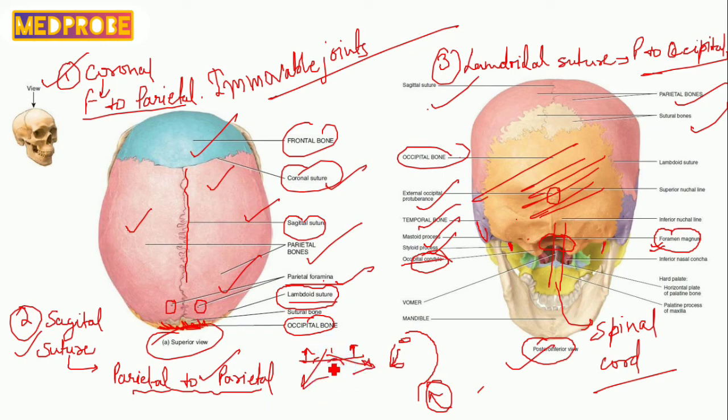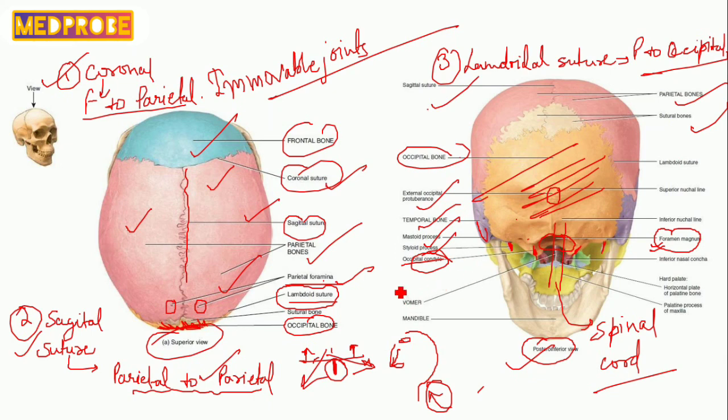This particular base is what forms the occipital condyle. So in mammals, how many occipital condyles are present? Your answer will be 2. In amphibians and mammals, the skull is dicondylic.